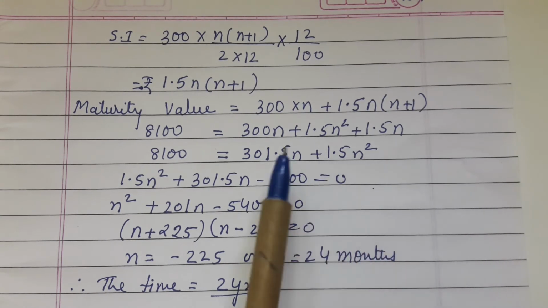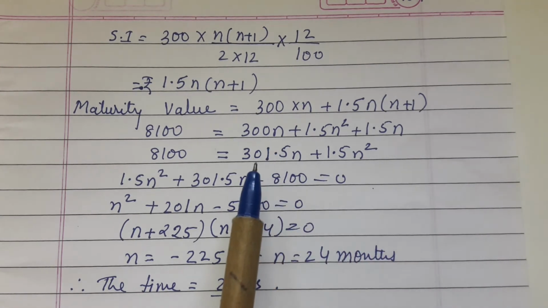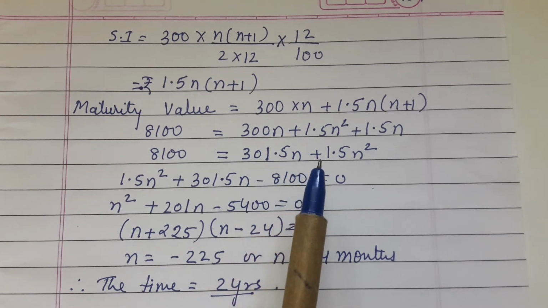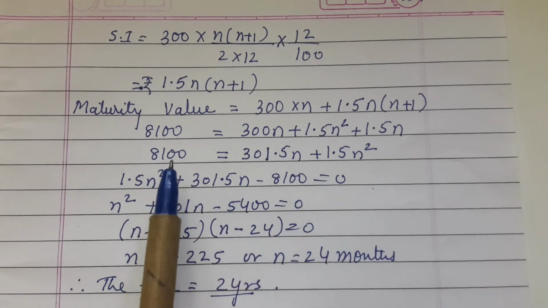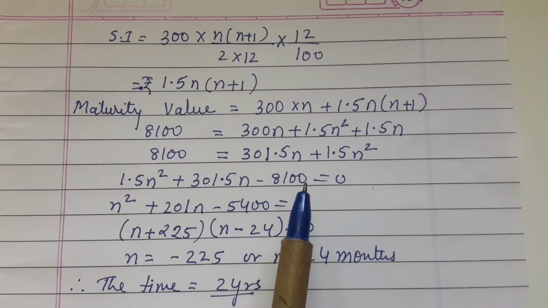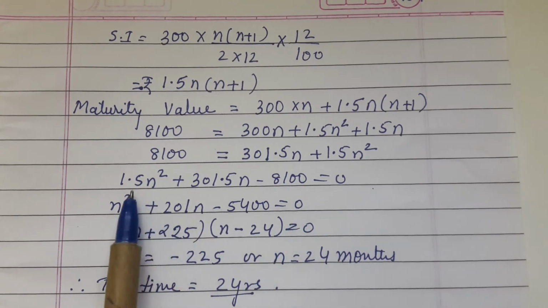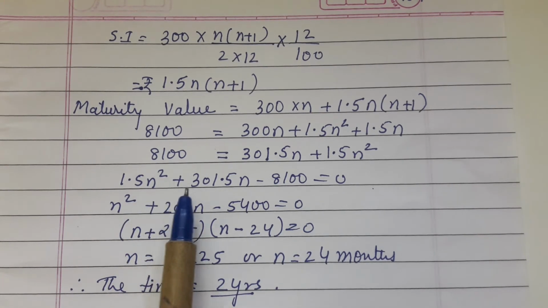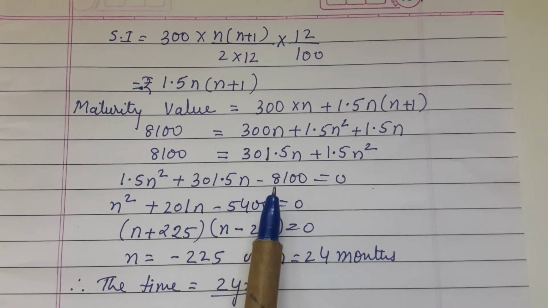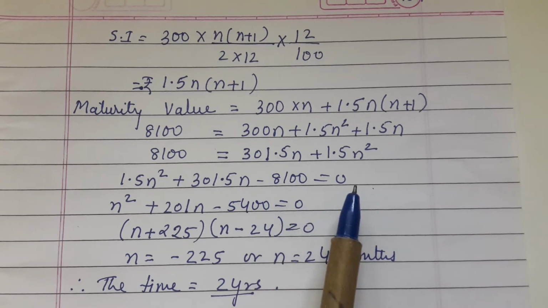1.5n plus 300n is 301.5n. Therefore, this we will shift to the right hand side, minus 8,100. 1.5n square plus 301.5n minus 8,100 equals 0.